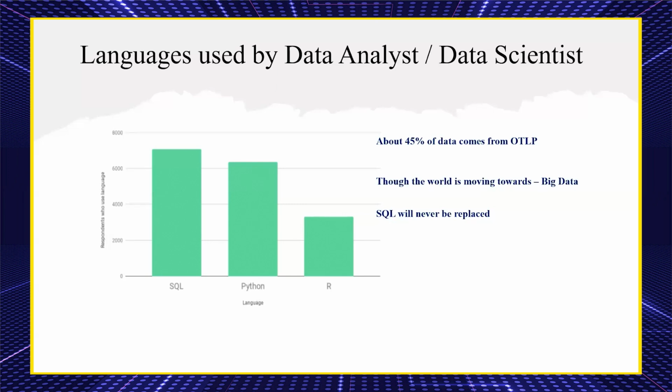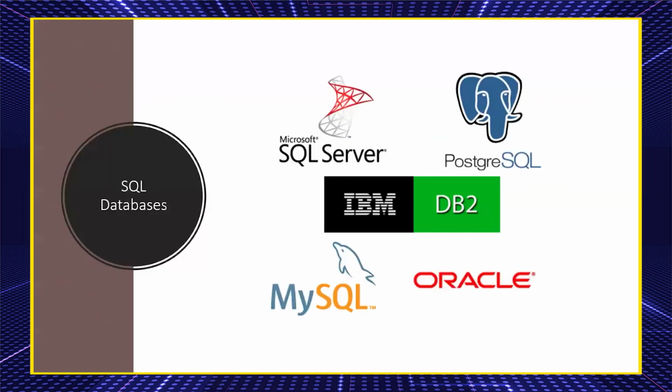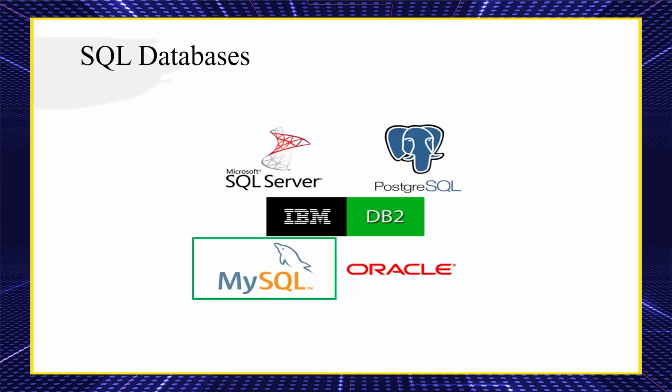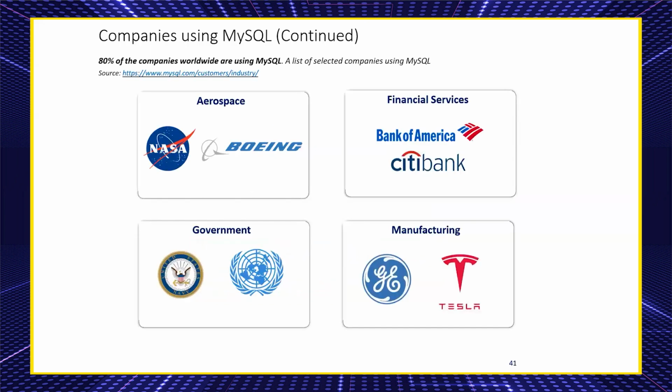Not possible. Similarly, without knowing SQL, we cannot become an expert in data science, data analysis, or data engineering. Make sense? Some SQL databases are SQL Server, PostgreSQL, MySQL, and Oracle. In our course we are going to use MySQL, which is free license. We can download it from the internet.